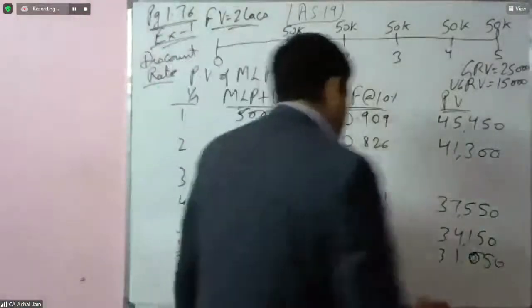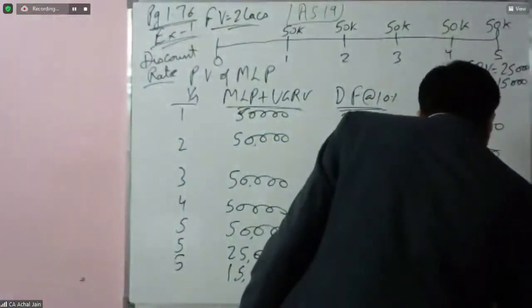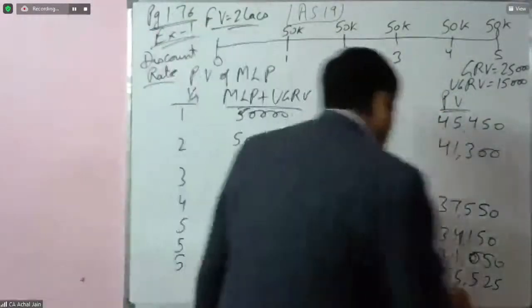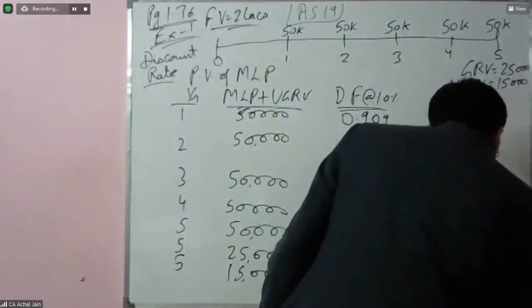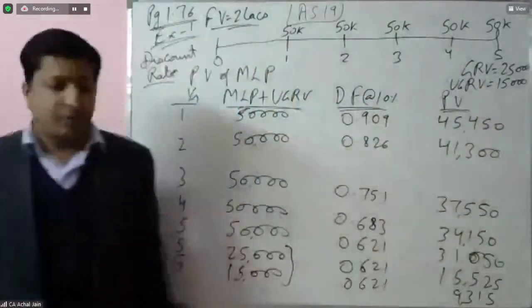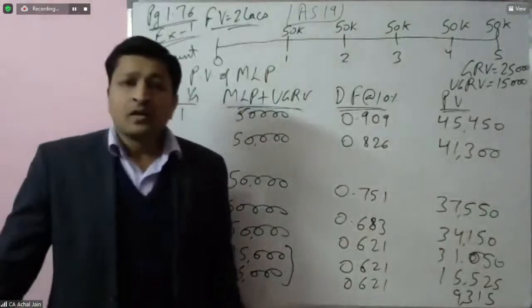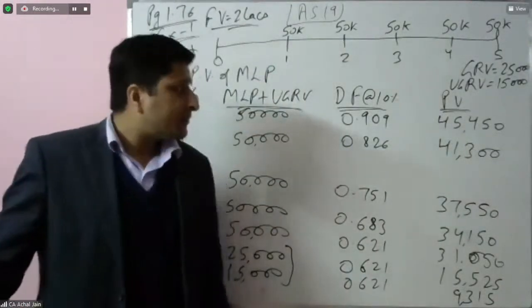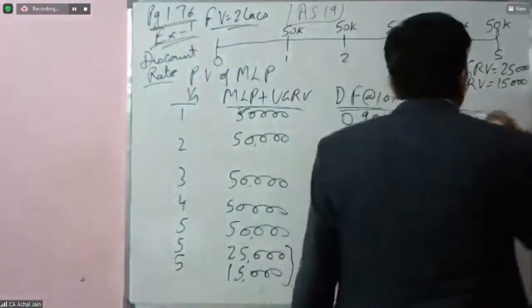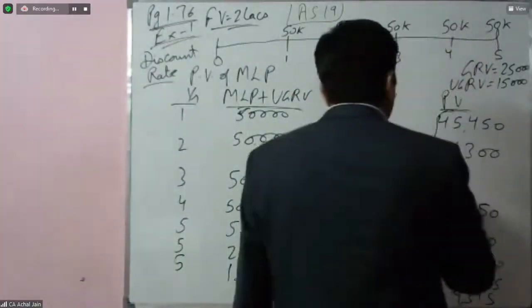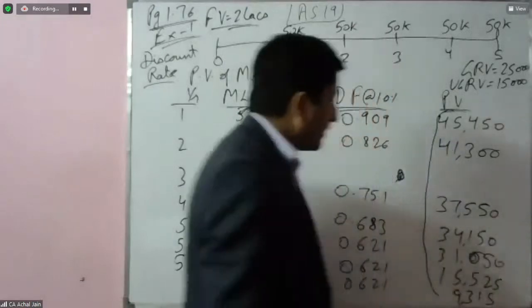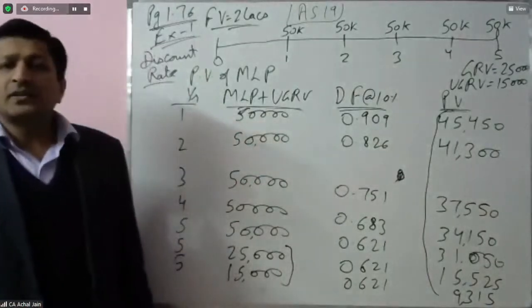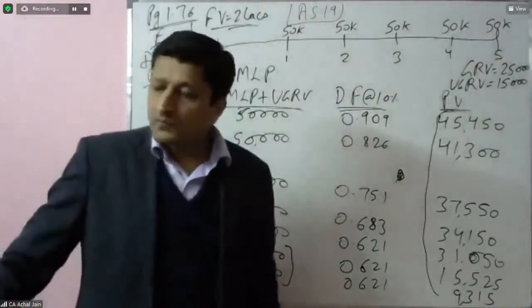Then we have 15,525. Then we have 9,315. And so these are the present values. And the sum total of these will be 2,14,340. So you can just write down below. Sum total is 2,14,340. Okay, correct?